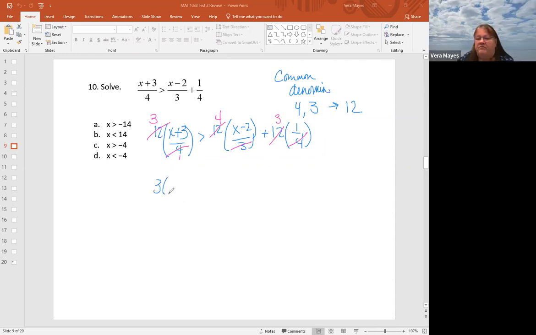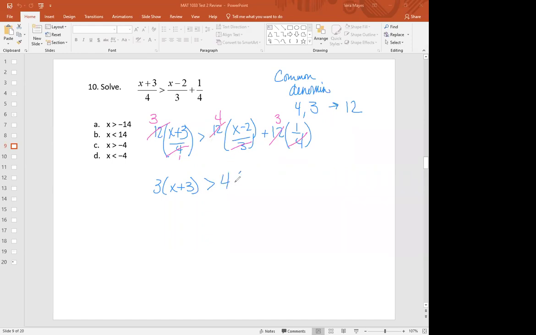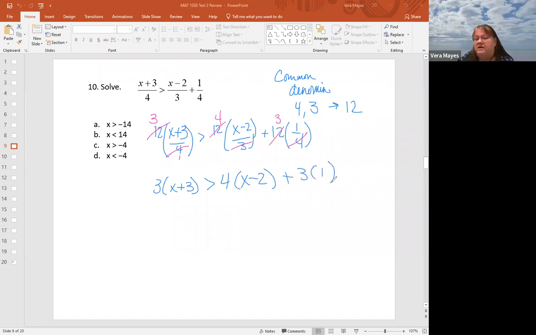We have a 3 out in front of the x plus 3 greater than, I don't have to flip it because I didn't multiply by a negative 12. 4 in front here and a 3 in front here. So before we go any further, take a look at that and see if there's any questions. Anything that disappeared that you don't know where it went or why we did this. Everybody feeling okay?